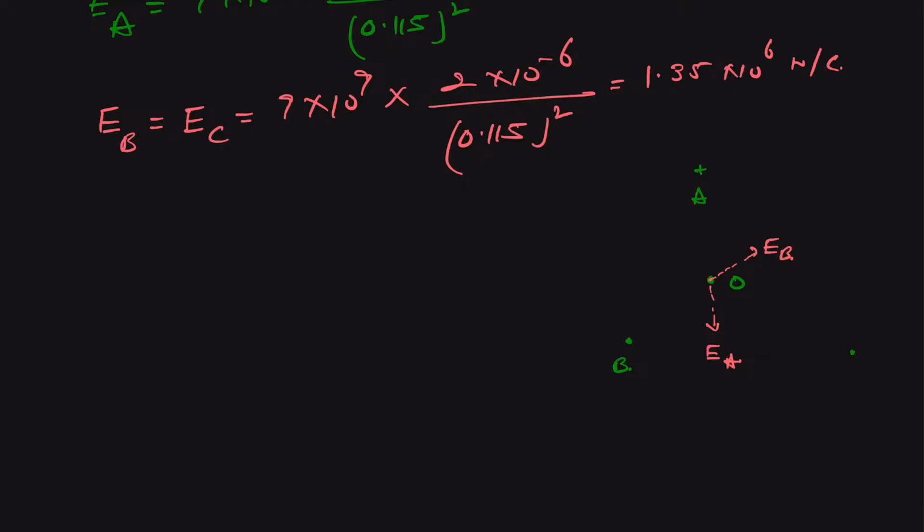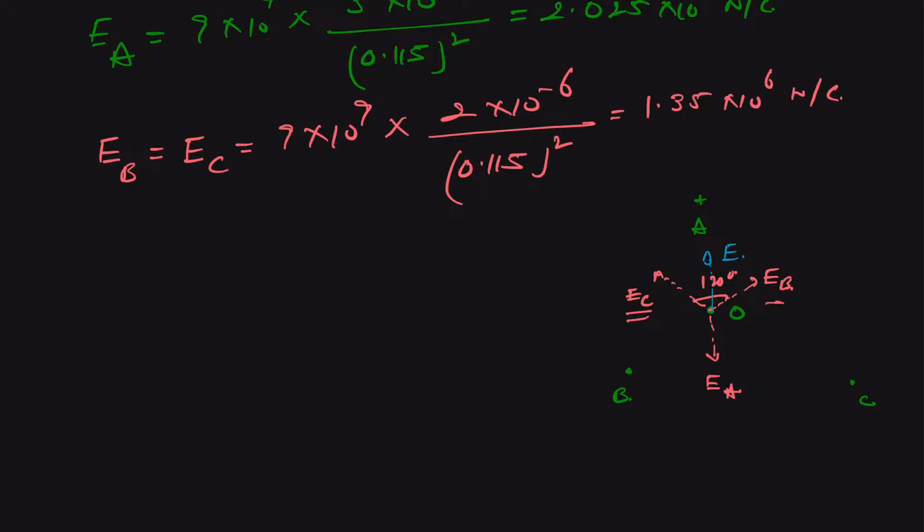And then we have our charge C, and it is going to give us electric field in this direction, that is our EC. The angle between EB and EC will be equal to 120 degrees. Therefore we can find the resultant of the electric field because of EC and EB, and that resultant will be somewhere in this direction, and let us call this resultant E.